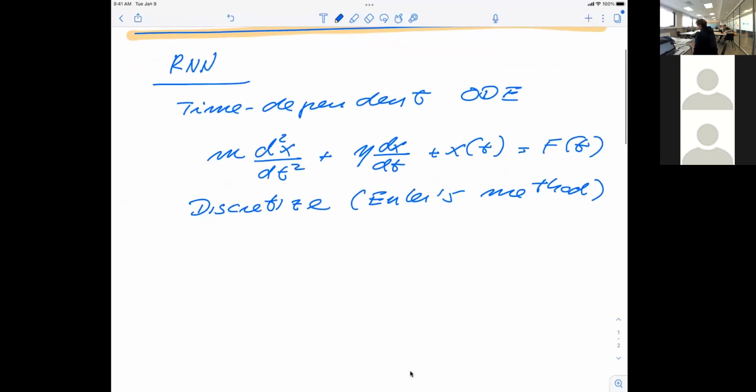So if you discretize, we know that x of i plus 1, the next time step, is given by some x of i plus some time step delta t times the v of i. And v of i is nothing but the derivative dx/dt at this discretized point x of i.